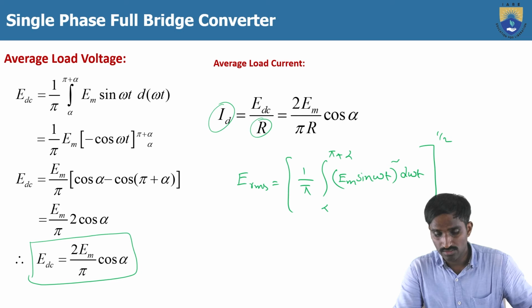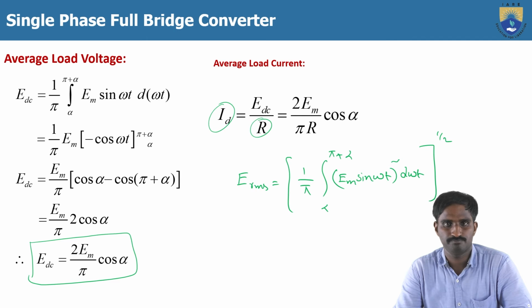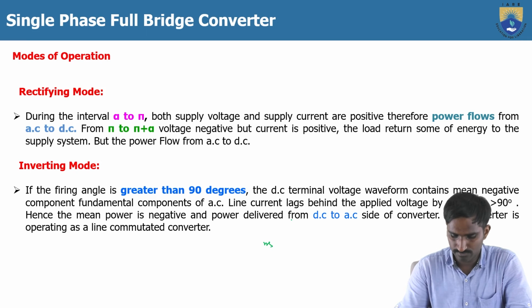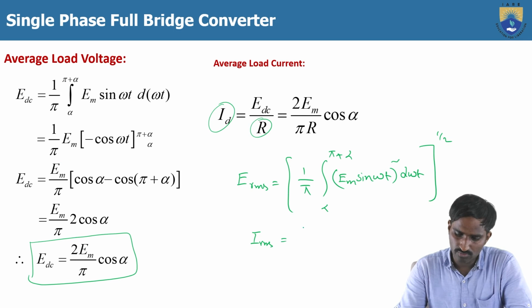By simplifying this, we can find the ERMS value. Similarly, IRMS is equal to ERMS by R.